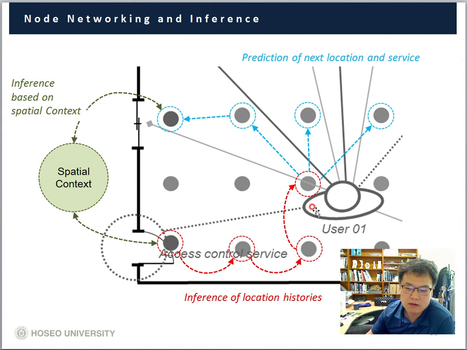The system infers from the history of the user locations, and then predicts and prepares the next service before the user arrives at the next position. That's the idea.